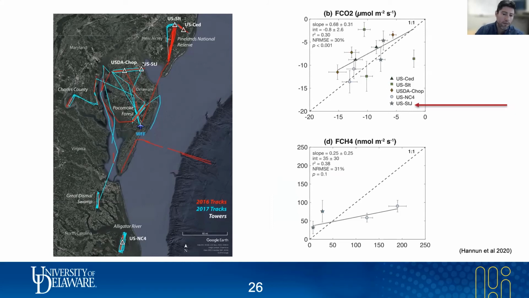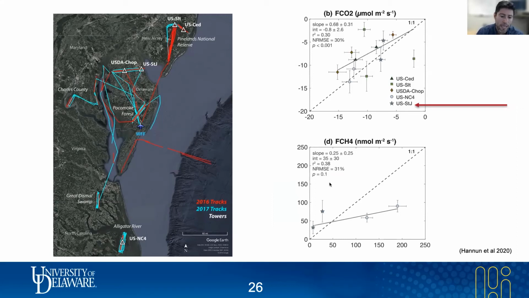But comparing what is happening from an airplane and what's on the ground is challenging. This is our study site, and these are the results for CO2. And here is our site, and this is the network of sites. So these are promising results that this technique can be used to reconcile measurements from the top down in the airplanes, but also from the bottom up for the regional approaches.